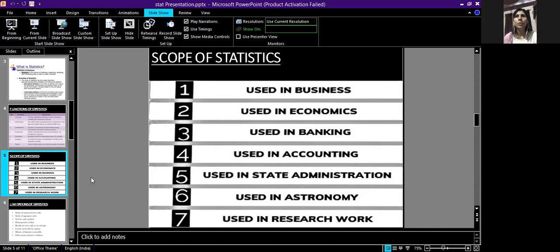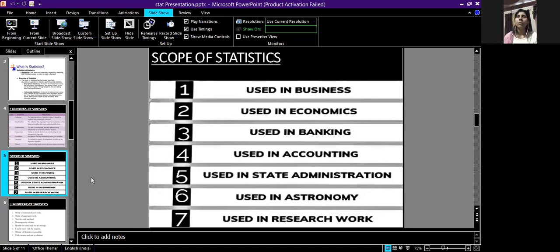As this word economics is very big, you can categorize it as macroeconomics and microeconomics, but it is actually related with statistics somewhere. And how it is related with statistics, I will give you a simple example.